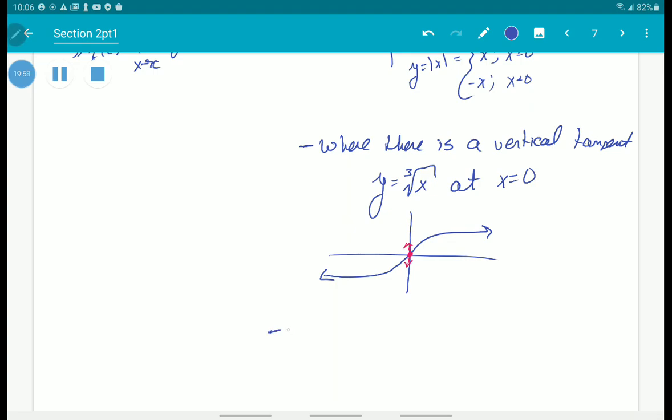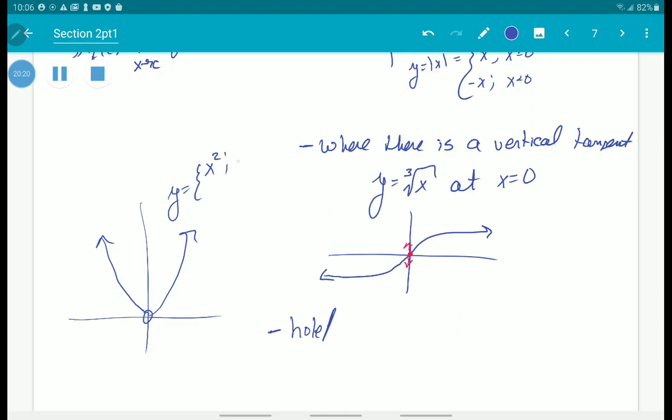Other places would be, let's say we have a rational function and we have a hole. If we have a hole in the function, there can't be a derivative there. So if we have a function that looks maybe something like this, y equals x squared everywhere except 0.